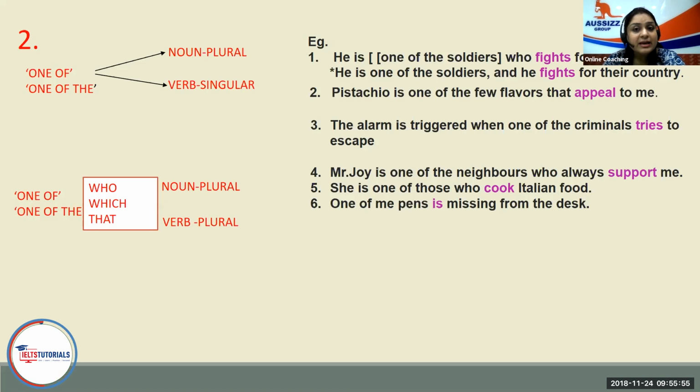But if I'm saying he is one of the soldiers who fight for the nation, there is a mistake in sentence one. "Fights" is not correct, it's "fight." He is one of the soldiers who fight for the nation. Why am I using "fight" here? First, you have to understand the basic difference between fight and fights.